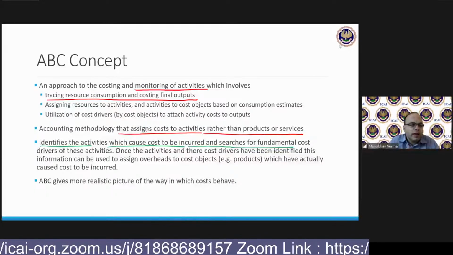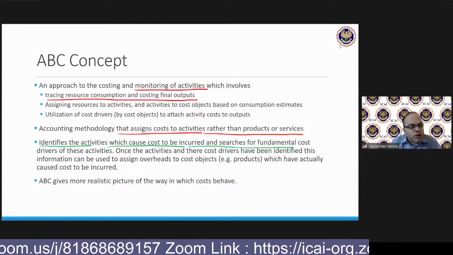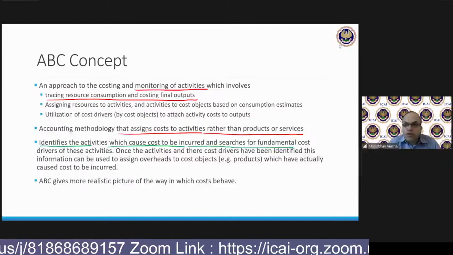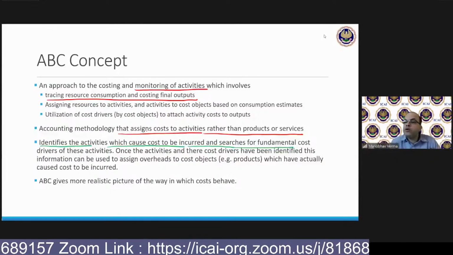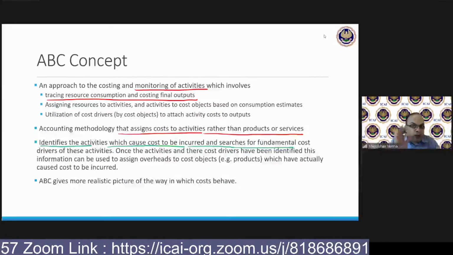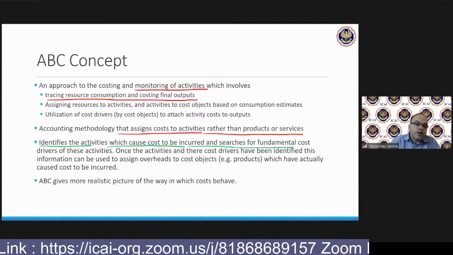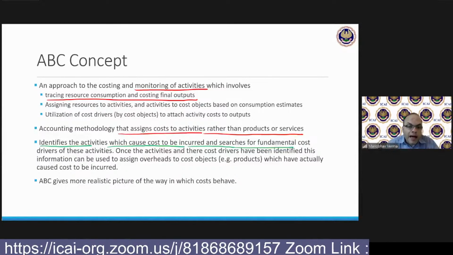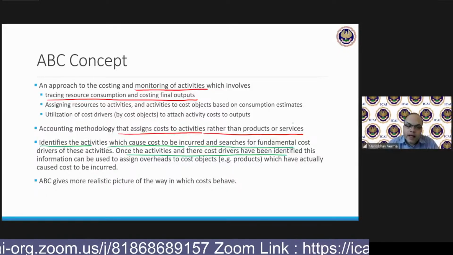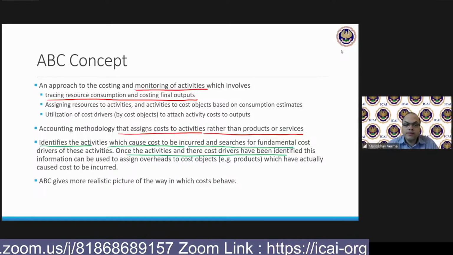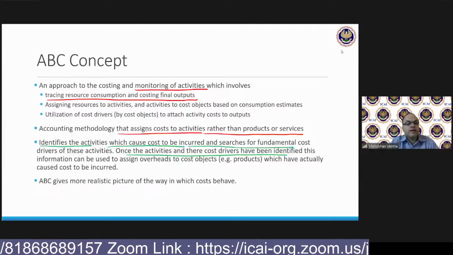Am I correct? So ABC cannot be applied to all the overheads, but with the involvement of ABC, we can have an improved system of costing, because at least those overheads which are related to activities can be allocated better. Please try to understand, we are not saying that absorption is a redundant mechanism. What we are saying is once the activities and the cost drivers have been identified, then you can use the same mechanism to assign the overheads to those products which are using more of these activities.